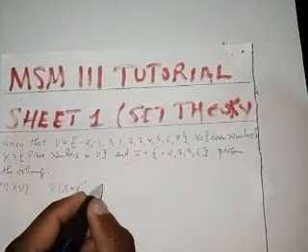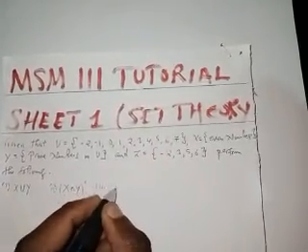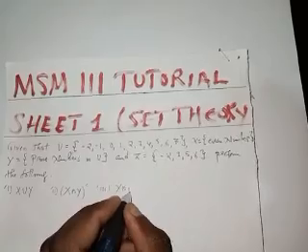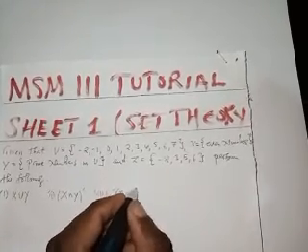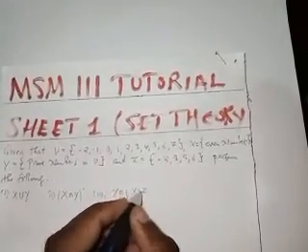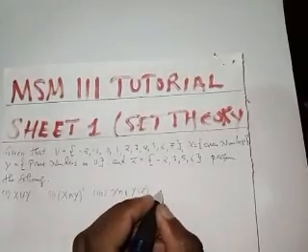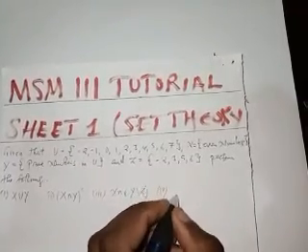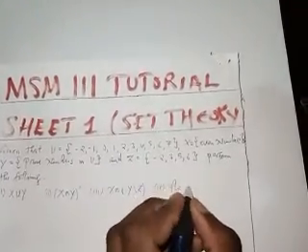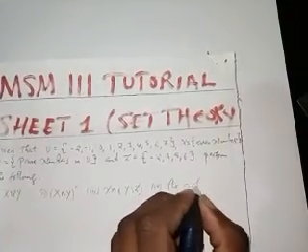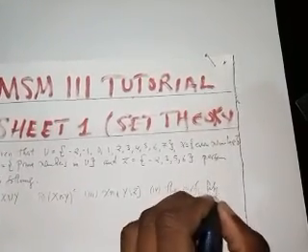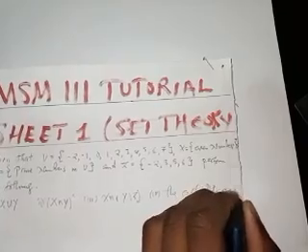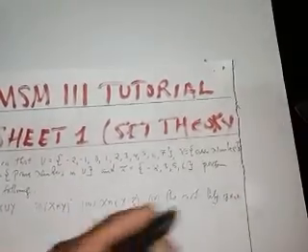The third question is X intersection Y minus Z. Then the fourth question is the cardinality of X union Y.